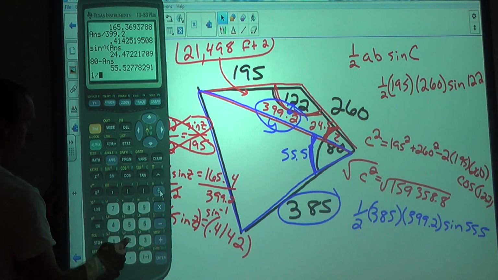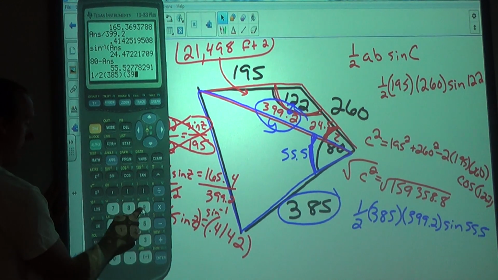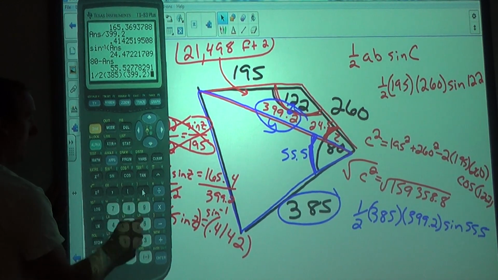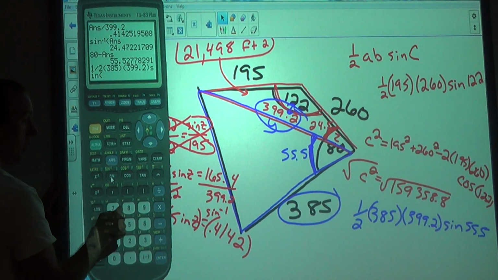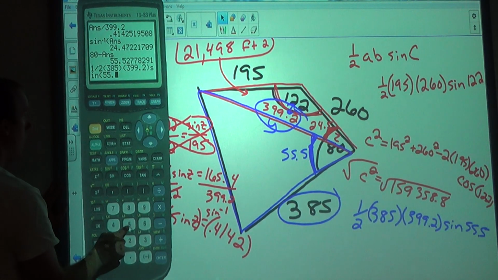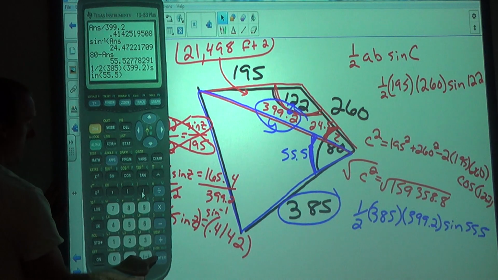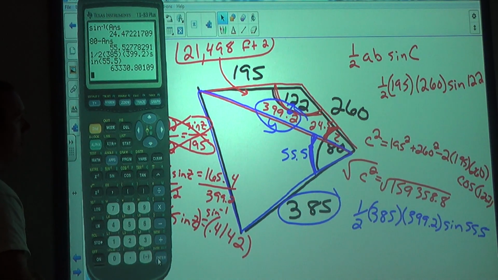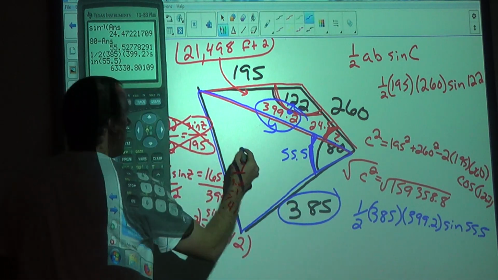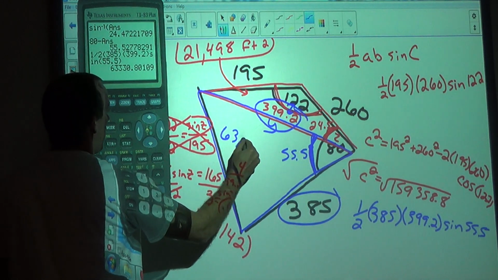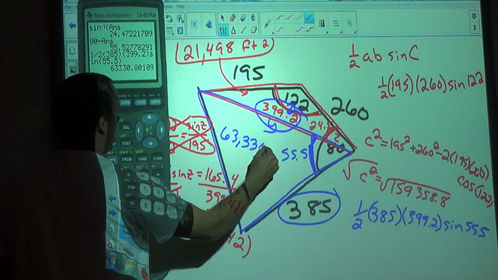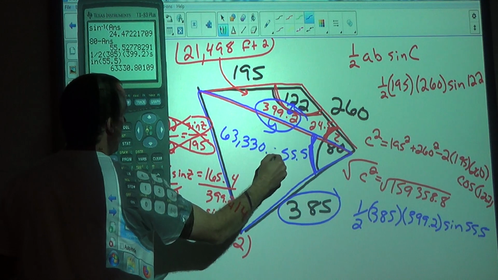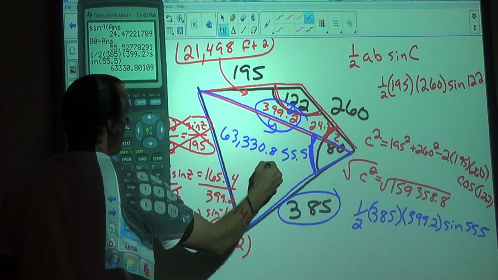So 1/2, 385, 399.2, sine of 55.5, and we get a huge area of 63,330.8 feet squared.